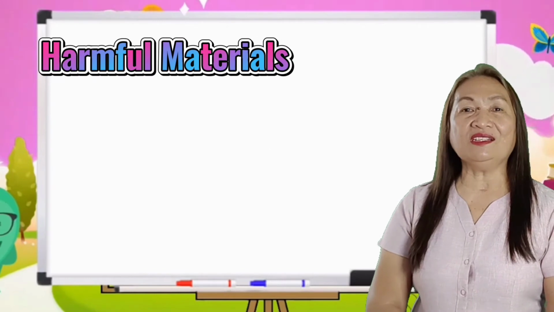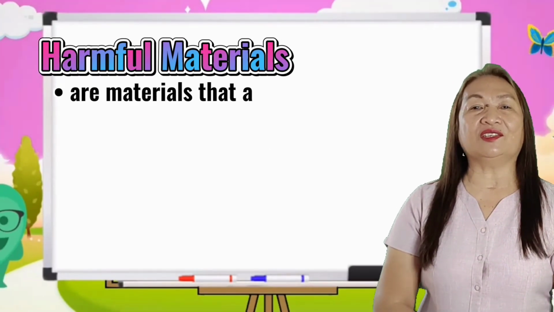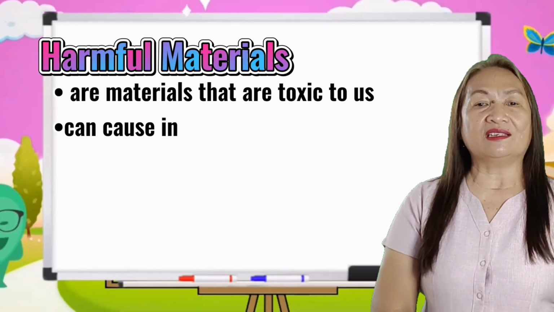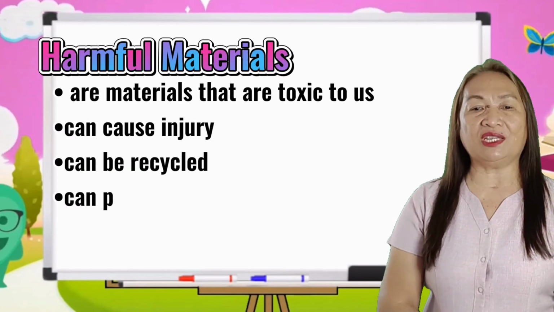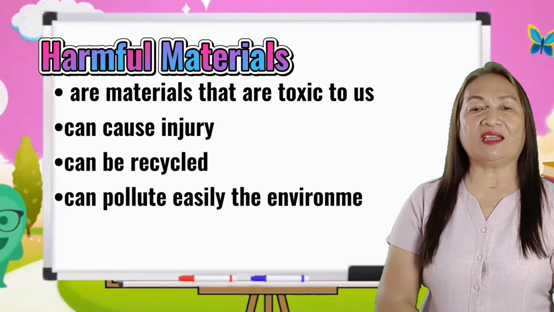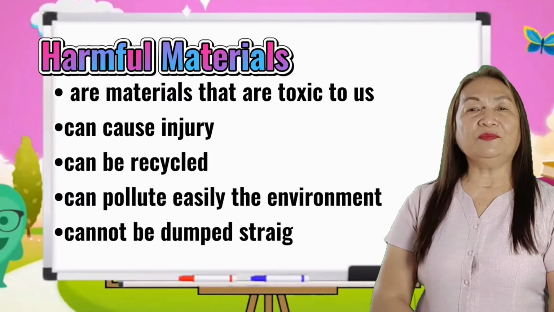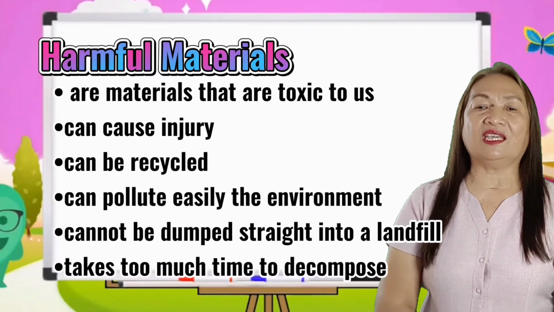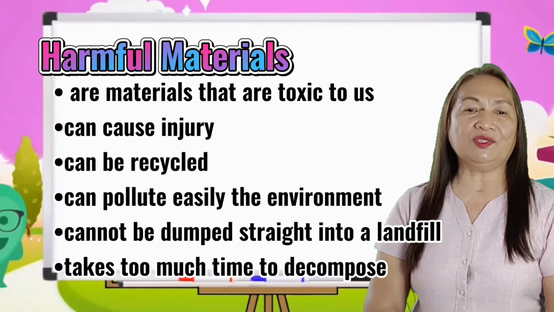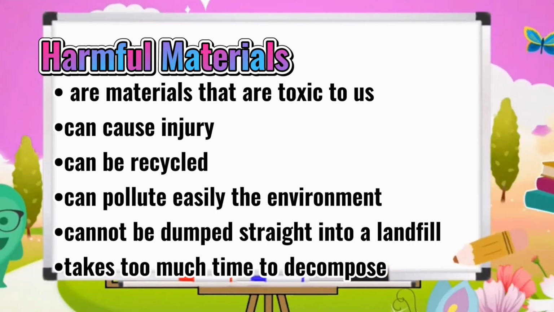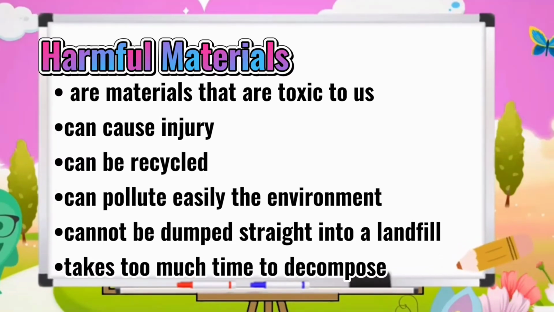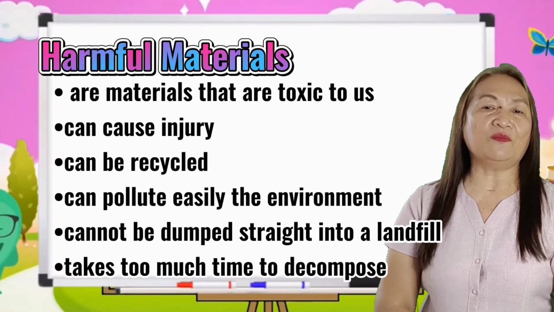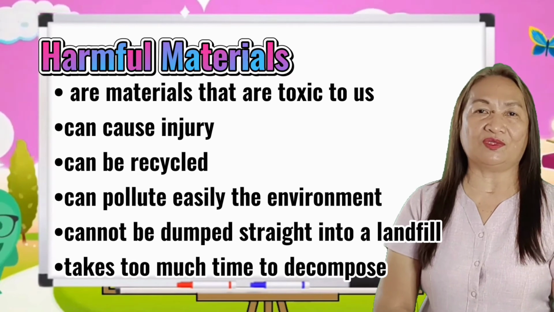Harmful materials are materials that are toxic to us, can cause injury, cannot be recycled, can pollute easily the environment, cannot be dumped straight into a landfill, and take too much time to decompose.